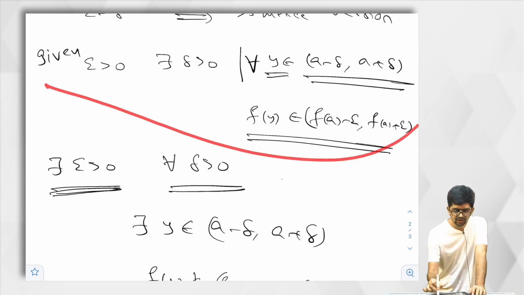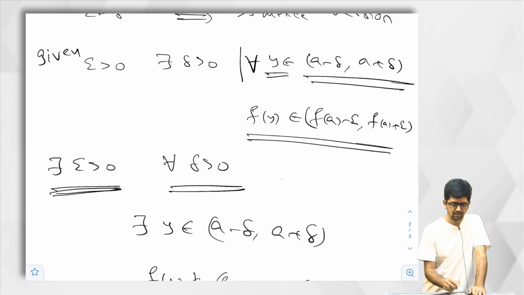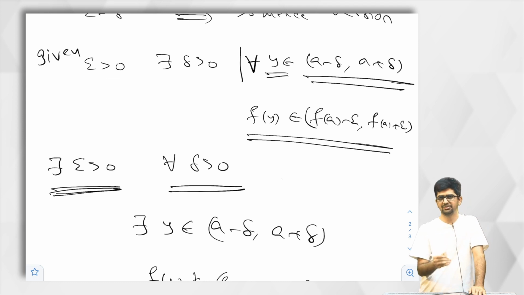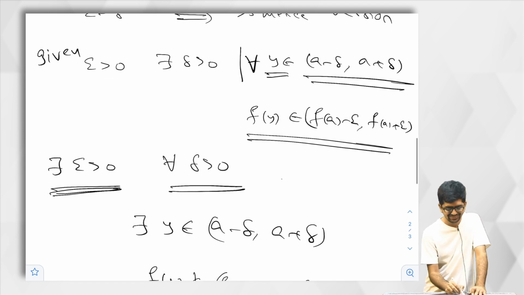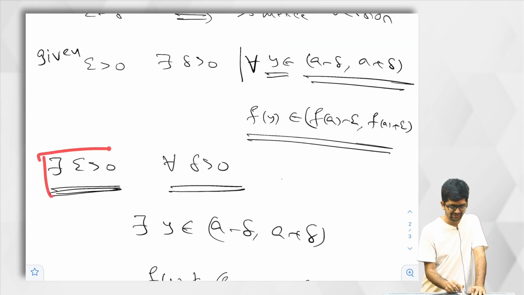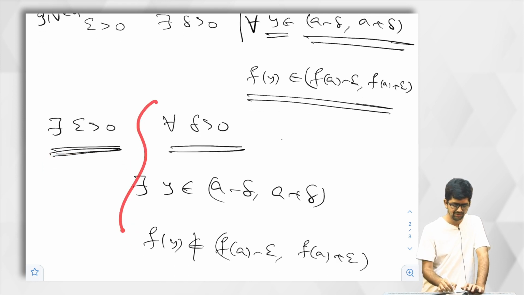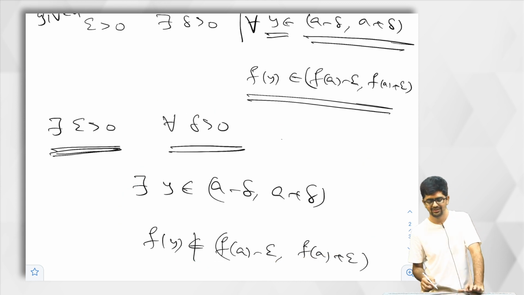Whatever was correct for every epsilon, the wrong statement associated to that is there exists epsilon positive such that something is not happening. That's what I have written here.